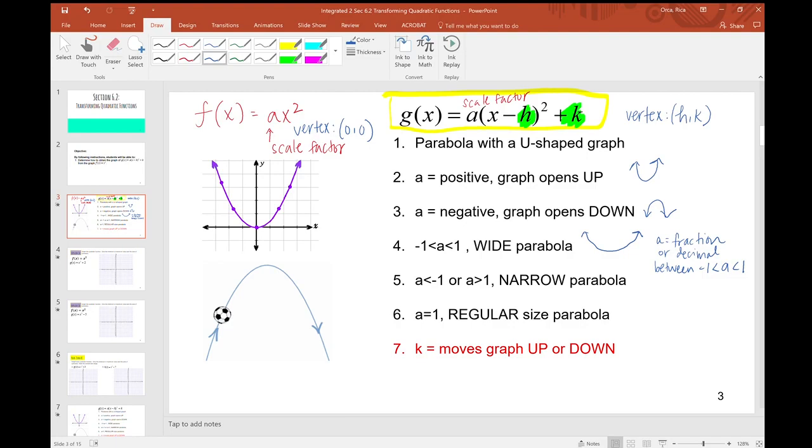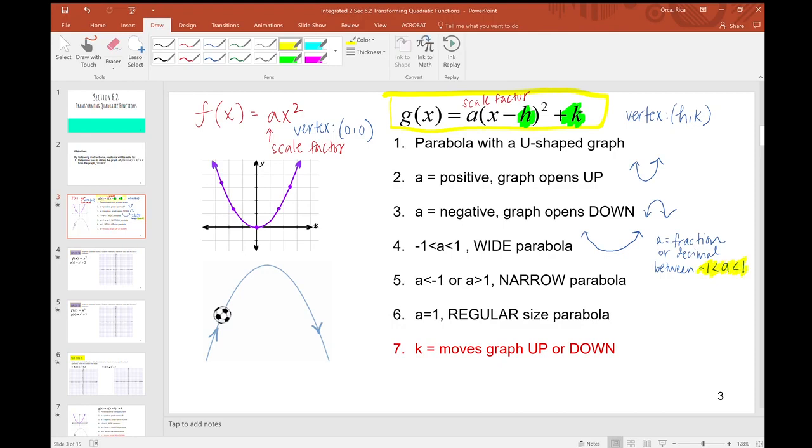A wide parabola would be when a is 0.5, 0.75, 0.99, 0.85, 8/10, 4/5, -1/5. Notice how all of those numbers are between -1 and 1.